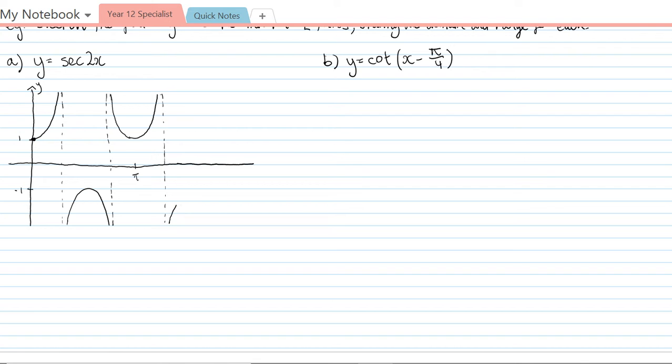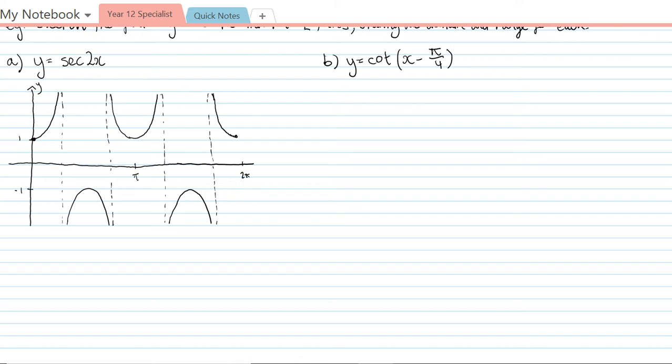So again, when you're doing these, try to have nice, even spacing. Okay, so there we see 2 full cycles, so that's going to be 2 pi. And I need to go through and label the equations of the asymptotes.